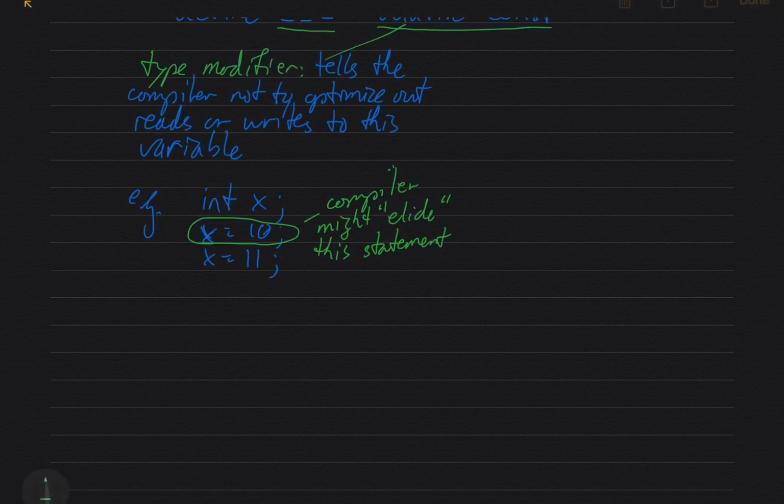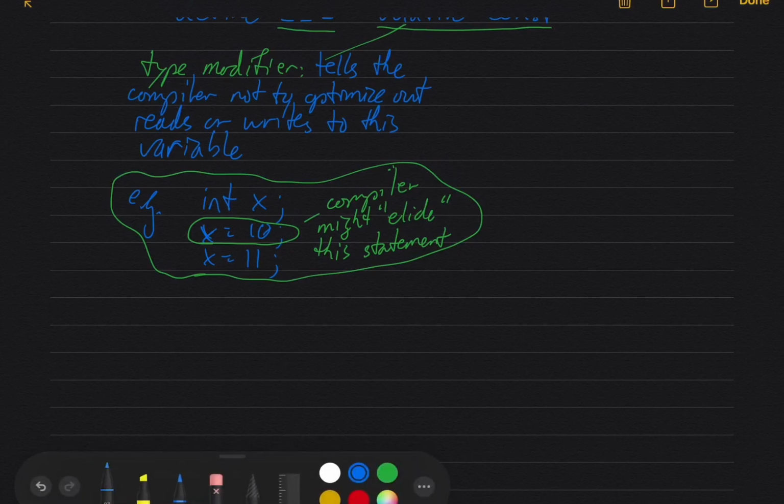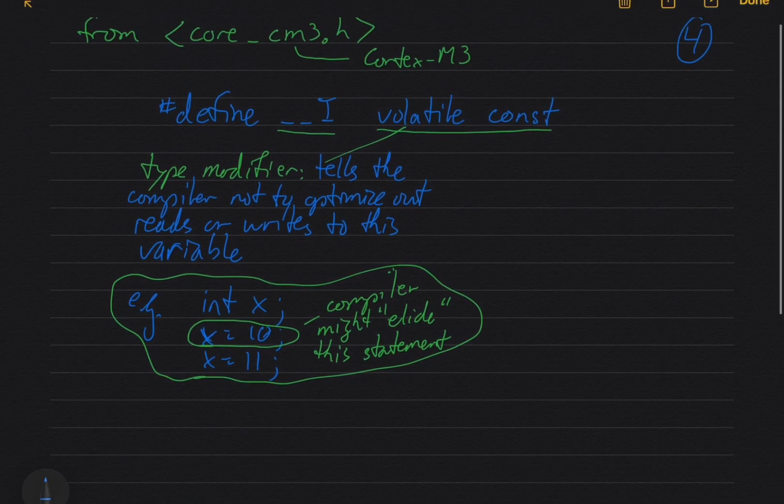Which optimizations get done depends on the optimization level of your compiler. So to guarantee that that doesn't happen, even if you're optimizing your code, you include that volatile keyword, and it tells the compiler, even though it looks like that doesn't matter, it does, so leave it in there. And that's the case when you're dealing with I/O devices. You write to a register, and writing to it 2 times in a row can matter.